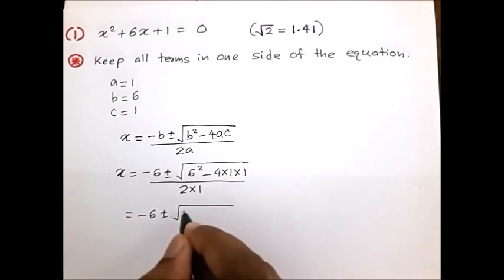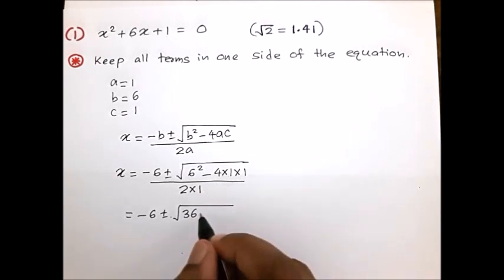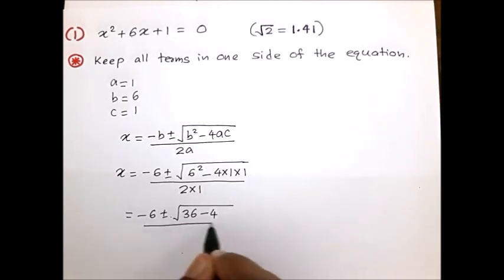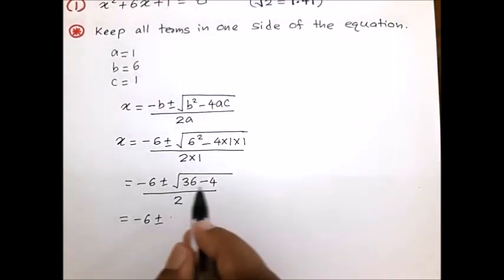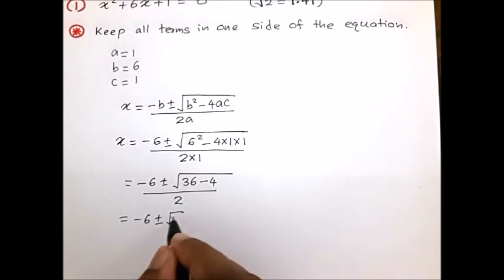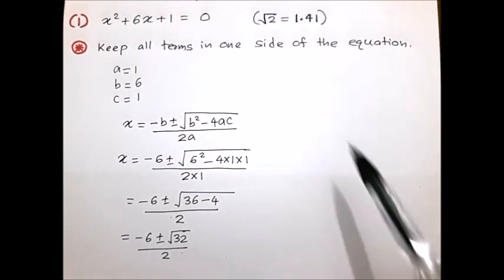6 to the power 2 is 36. Then 4 multiplied by 1 multiplied by 1 is 4. 2 multiplied by 1, 2. 36 minus 4 is 32. Now you want to find the value of square root 32, but it is not given in the question.